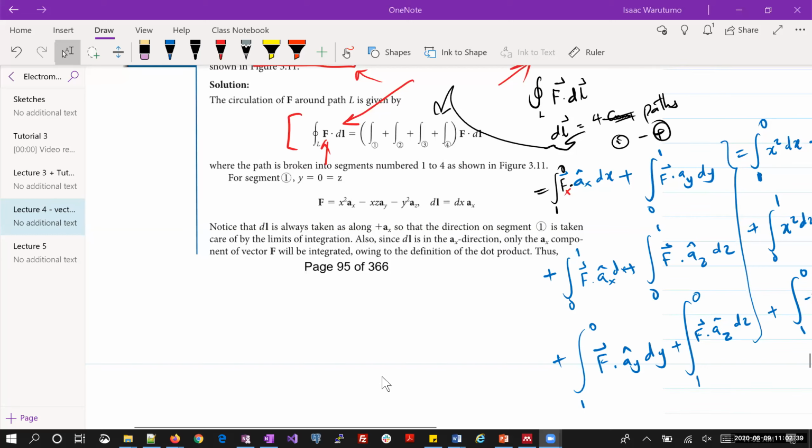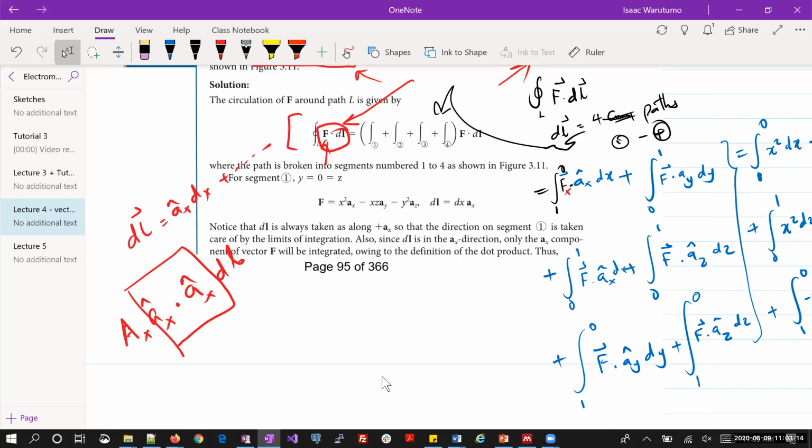So when we do the dot, remember what we said, that if you have the x component, ax, it has the unit component vector a. Therefore, when we are doing F dot dl, the dl also has the ax dx plus all those. Therefore, what we do is that you dot with ax and then dl. And if you remember what we said in our definition, we say that ax dot ax is equal to 1.